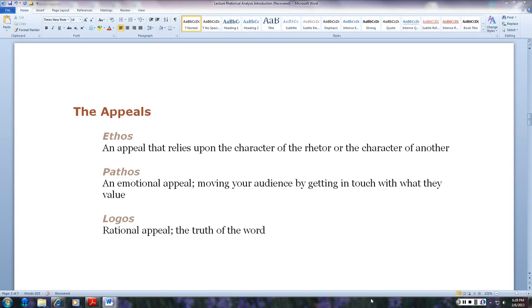Ethos is appeal that relies on the character of the person who is making the argument or an authority that they reference. Pathos is an emotional appeal. It moves your audience by getting in touch with what they value. The Hacker and Summers text refers to that as common ground. The rational appeal is the truth of the word, at least as we understand it.